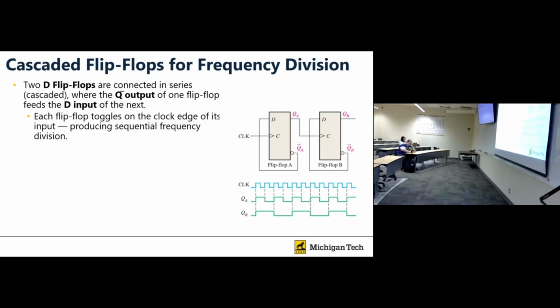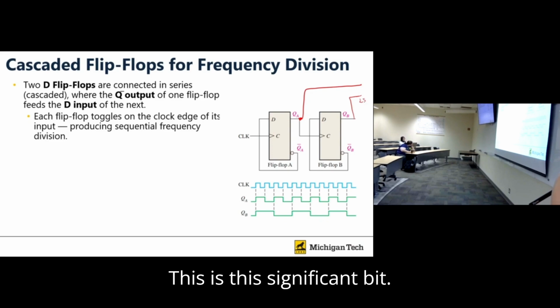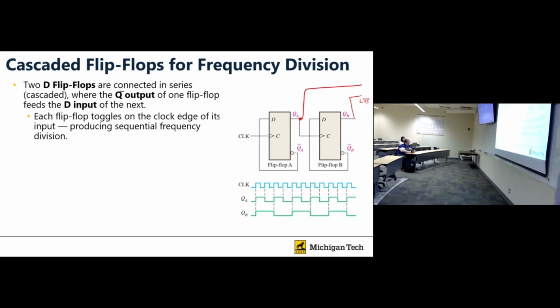So here, the QB, these are the numbers that are created, like this is the least significant bit, and the most significant bit.